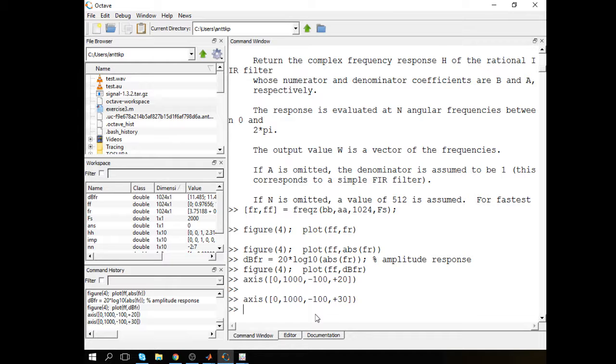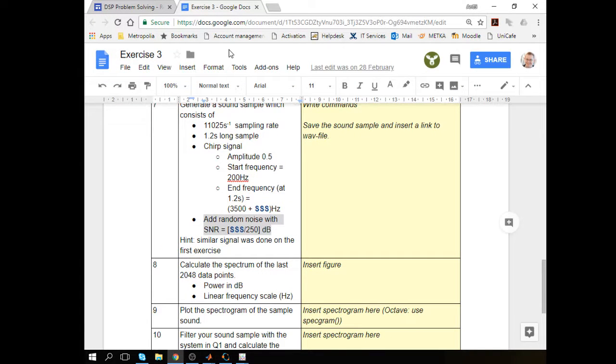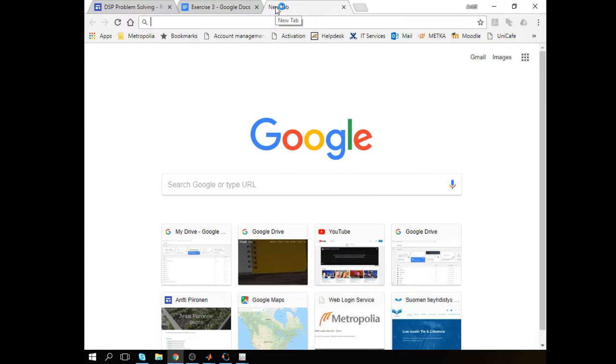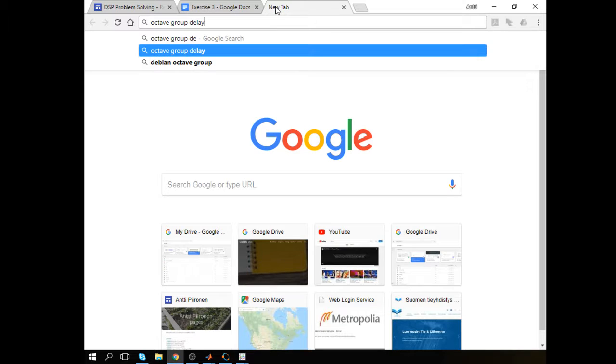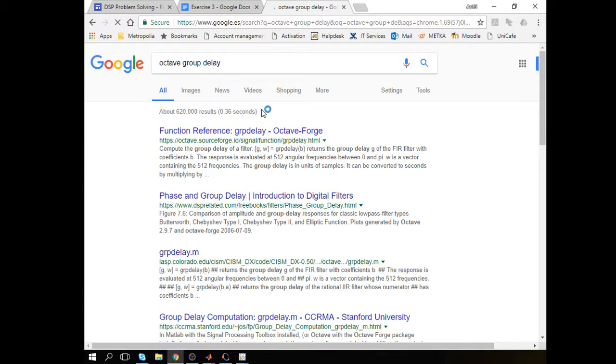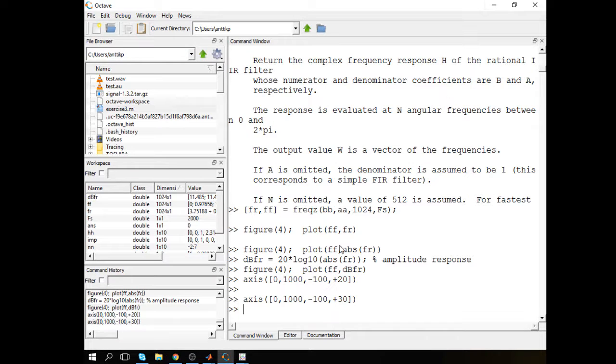the group delay somehow here. On Octave, the best place to start looking for help is the Google. Octave group delay. grpdelay, good. On MATLAB, you probably have the same function.